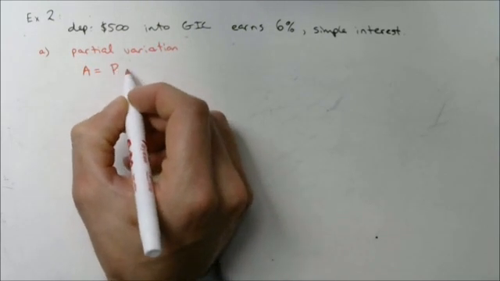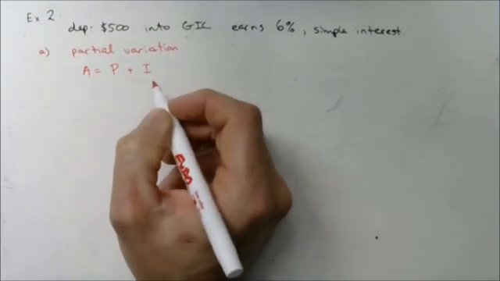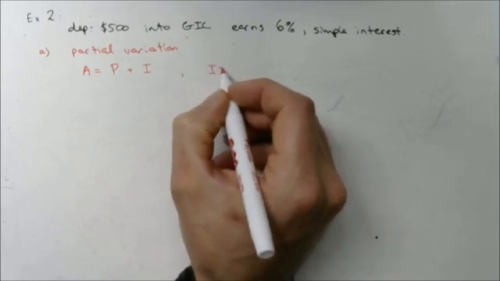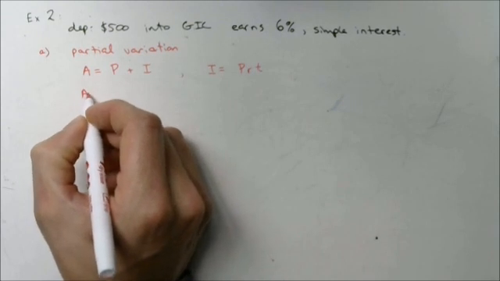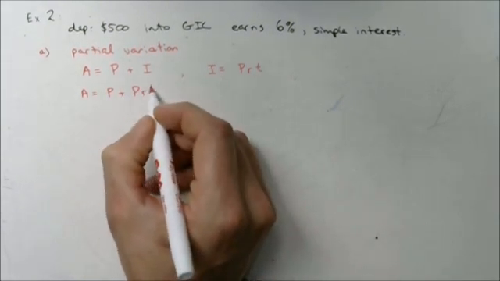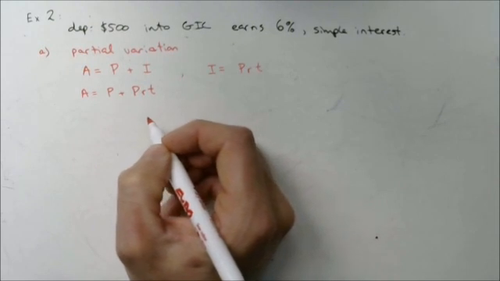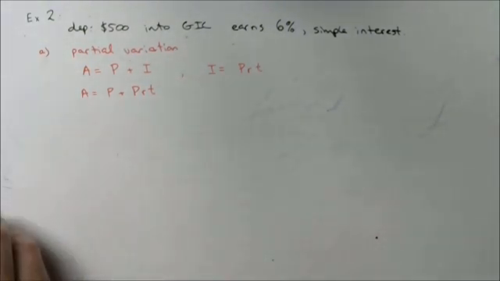We have amount equals P plus I, okay? But we also have that I equals PRT. So here we're going to stick these two together. We're going to get P plus PRT, okay?